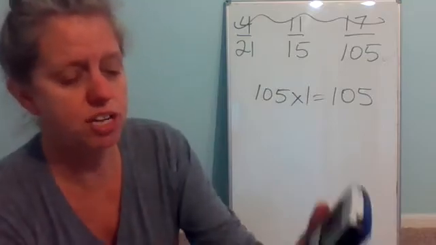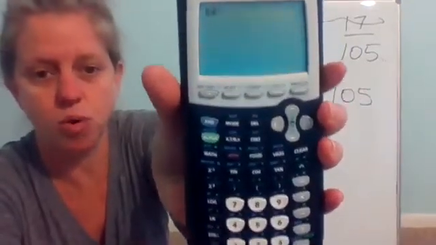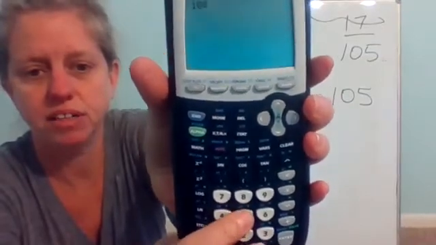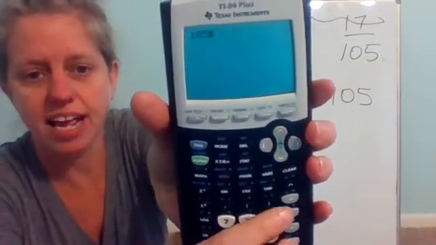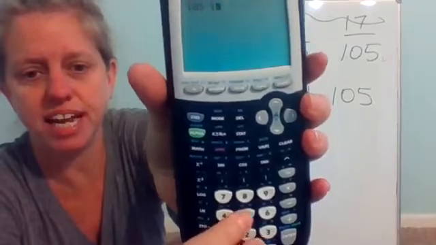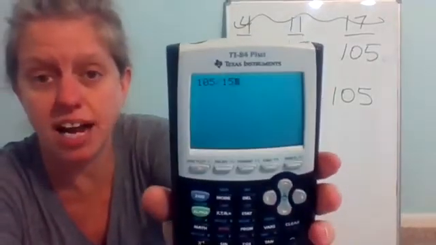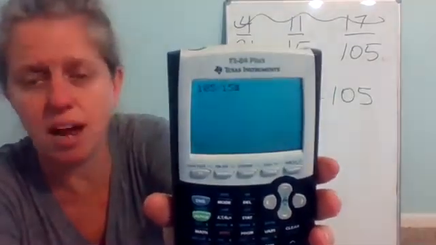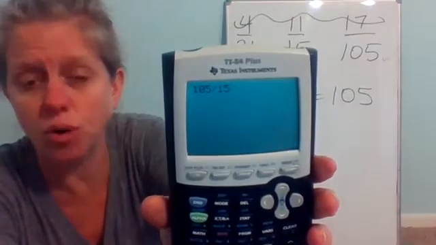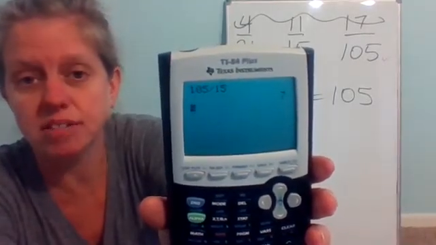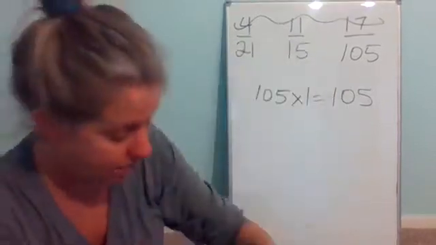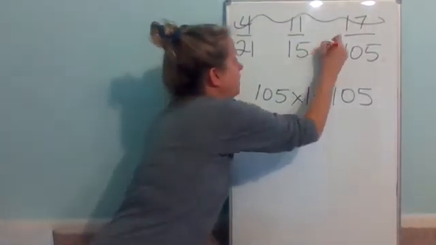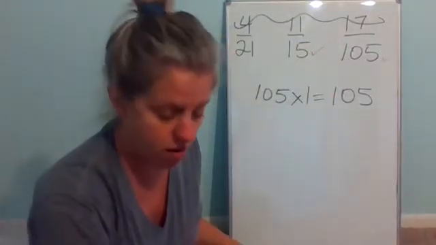In your calculator, does 105 divide evenly by 15? If I get a number that's not a decimal, I don't care what the number is. If it's a whole number, which it is, that just means that 15 does go into 105.